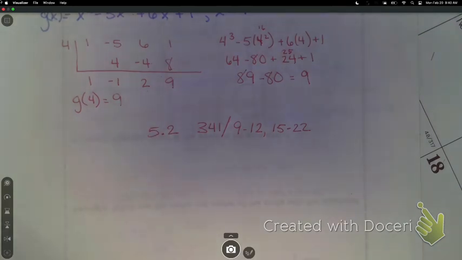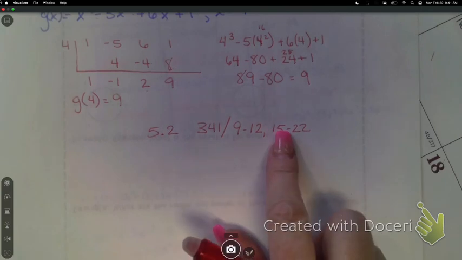Now on the assignment, 9 through 12 just says use direct substitution. So that's 4 problems. You're going to plug in the number. It's -1, -3, 2, and 5. So not horrible, right? And then the 15 through 22 is the synthetic substitution.